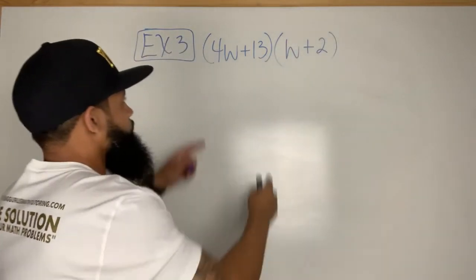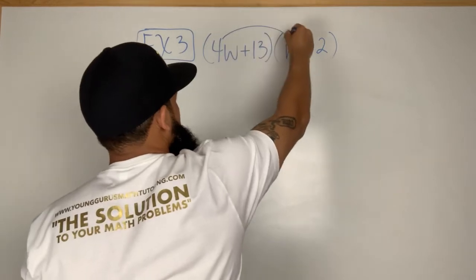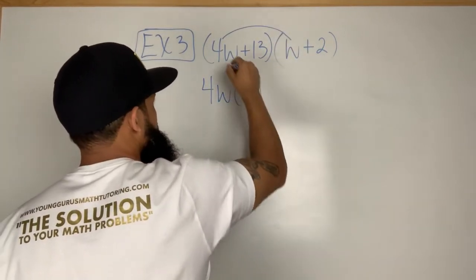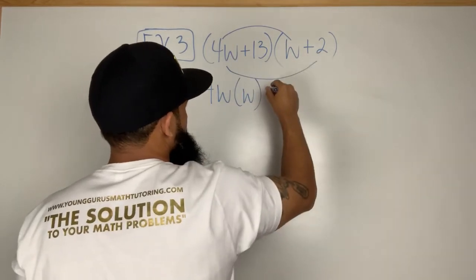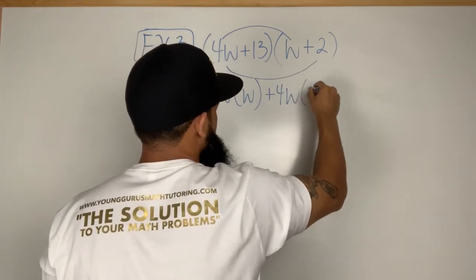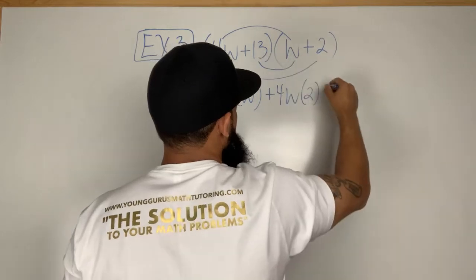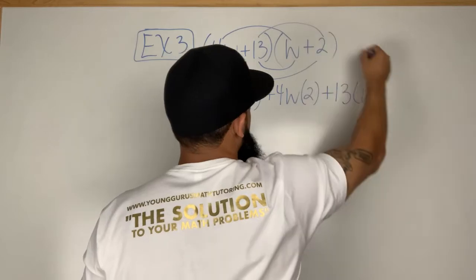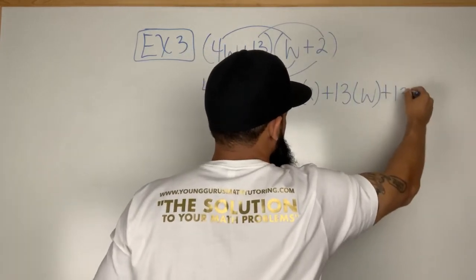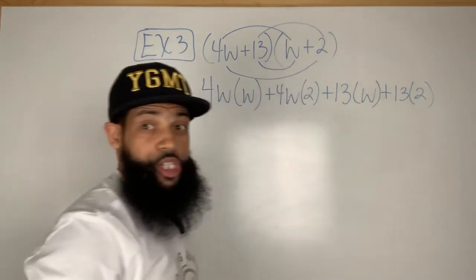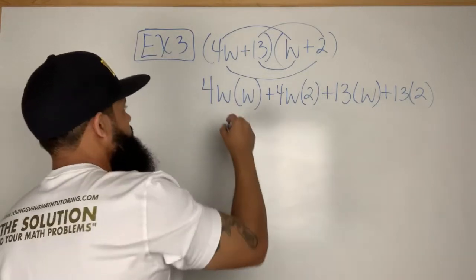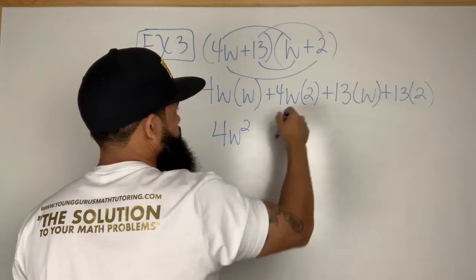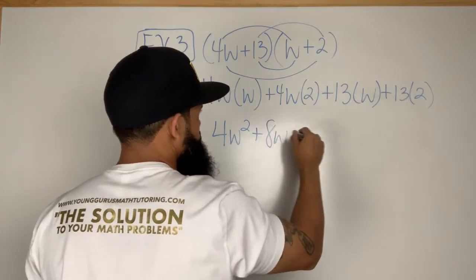All right, so let's do FOIL. First, 4w times w is 4w squared. Outside, plus 4w times 2 is plus 8w.